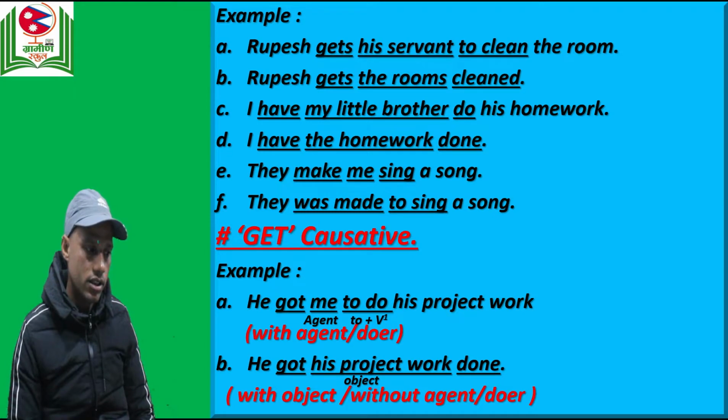Look at here, they make me, but in number F we have I was made. Here we have used the passive form of causative verb make. So in such case we use to infinitive form. I mean that if we have agent or doer after causative verb make, we need to use only verb 1 or bare infinitive form, and this is similar to that of causative verb have.